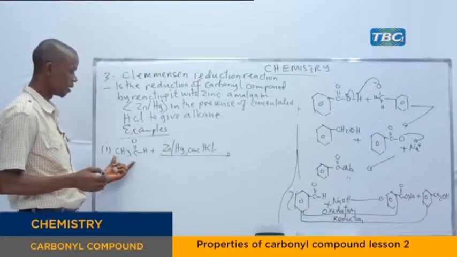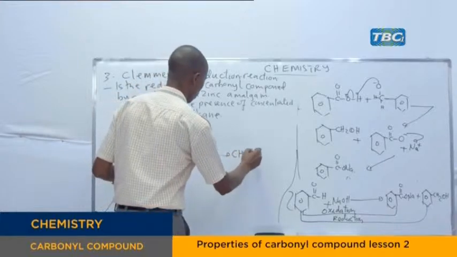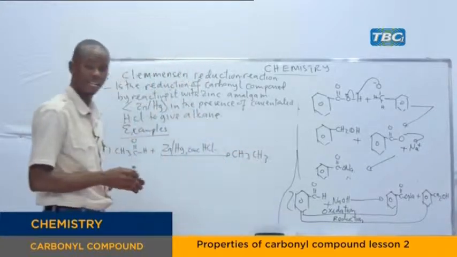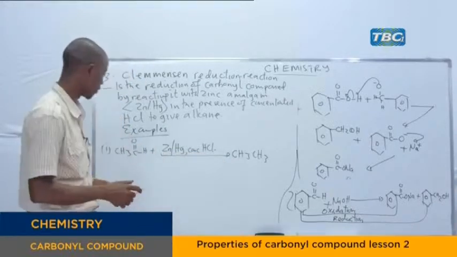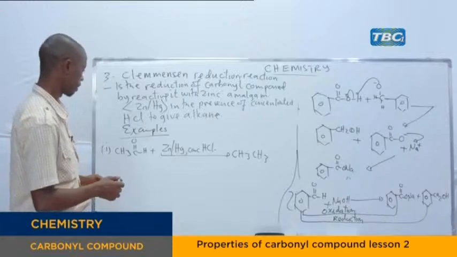This is ethanal. It can be reduced to form an alkane. The alkane which is formed will have the same number of carbon atoms as the carbonyl compound.